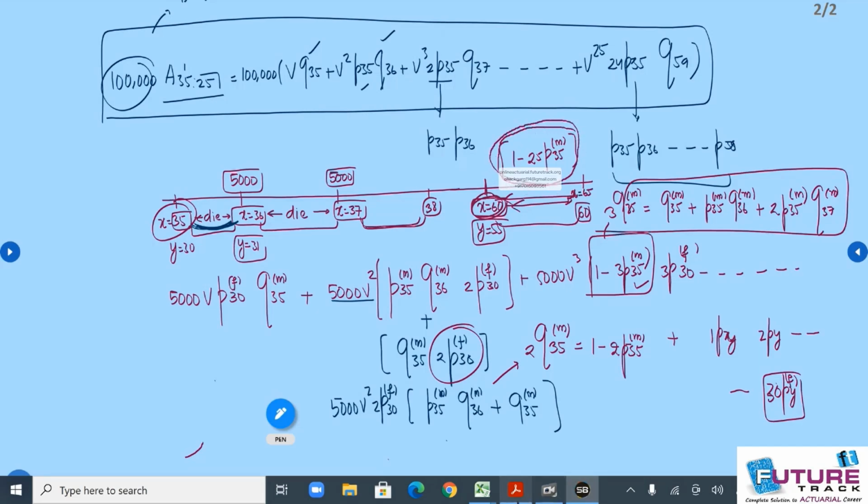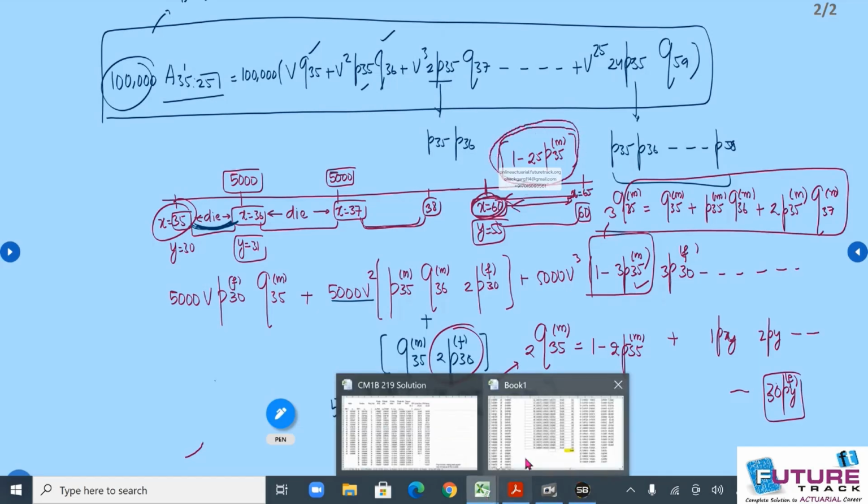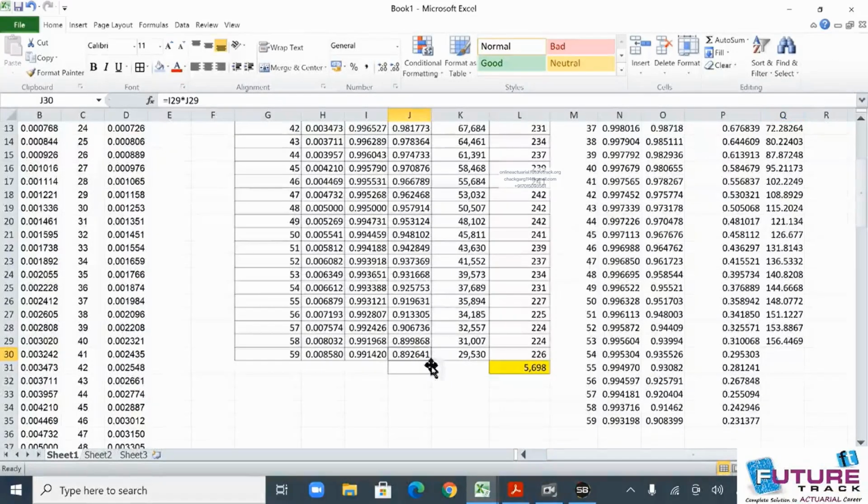But when you check in Excel, the formula we got is 24p35. So we need the 25p, right? So let's extend our formula. Let's drag this one more column.